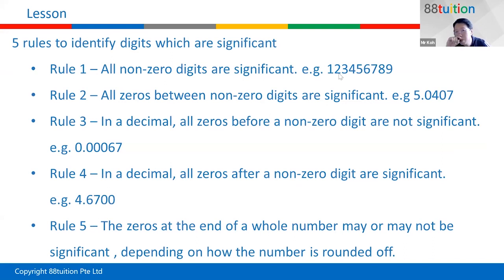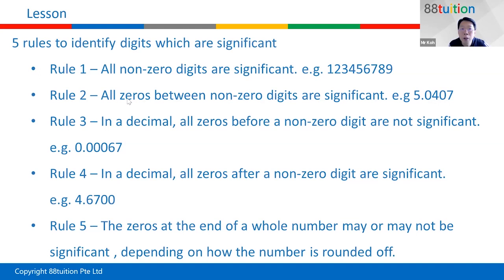In secondary school, most of the time, you are supposed to round off your answer to 3 significant figures. So you have to know significant figures. Most of the time, you will encounter a lot of decimals as an answer, and then you just give the answer to 3 significant figures. Okay, so how to identify significant figures?